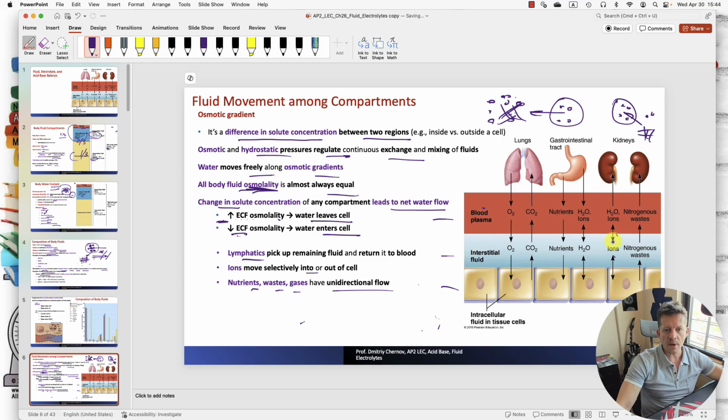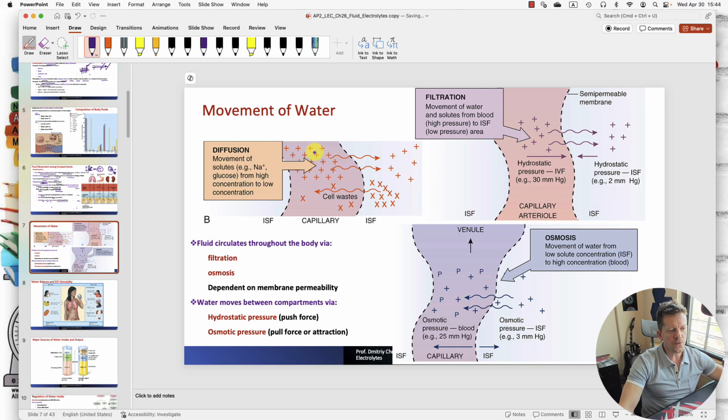Ions, the same thing, selectively permeable membrane, right? So it can permit or not permit movement. That's within the kidneys. You remember within the kidneys: filtration, secretion, and reabsorption. And nitrogenous waste from intracellular fluid ends up in the kidneys for elimination. So here's the review on what is filtration, what is osmosis, what is diffusion.